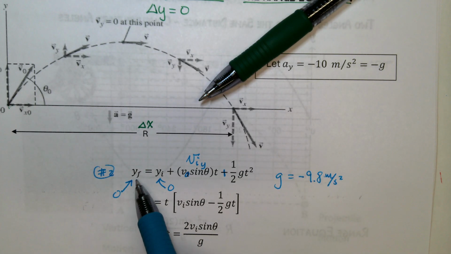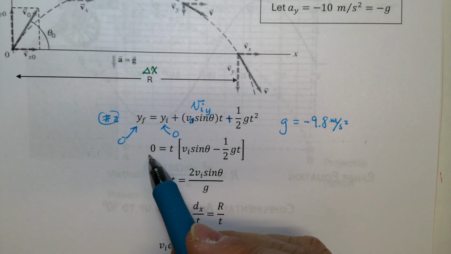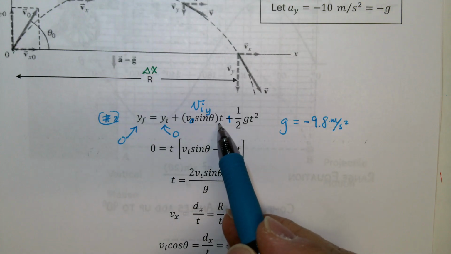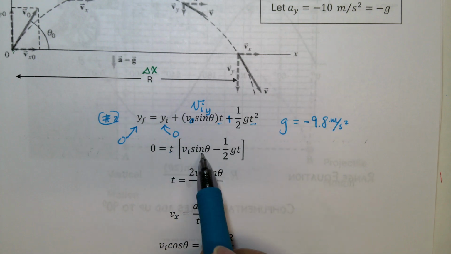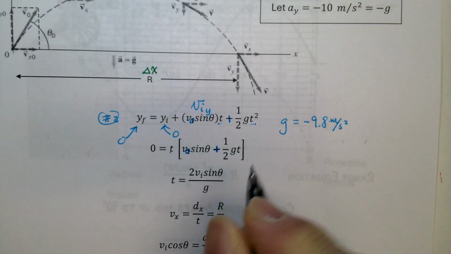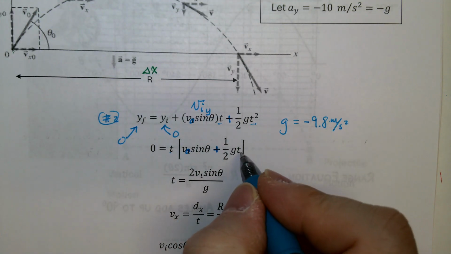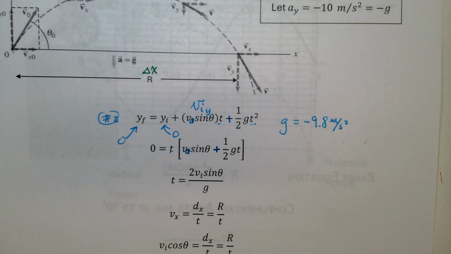So if I plug in 0 here, I get my 0. Okay? And then if I factor out a t from here and factor out a t from here, what I have here is V naught sine theta plus 1/2 GT, because t is taken out from both.